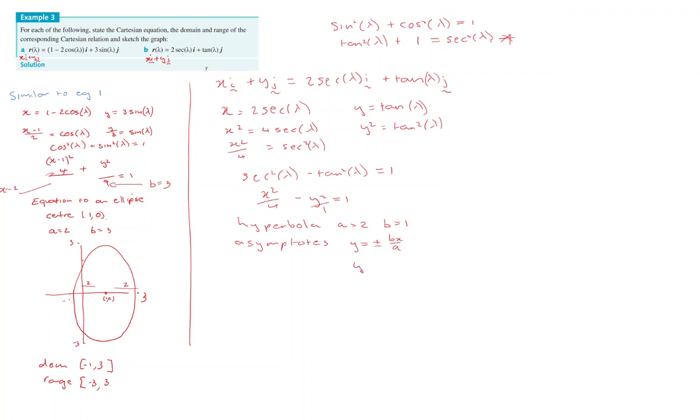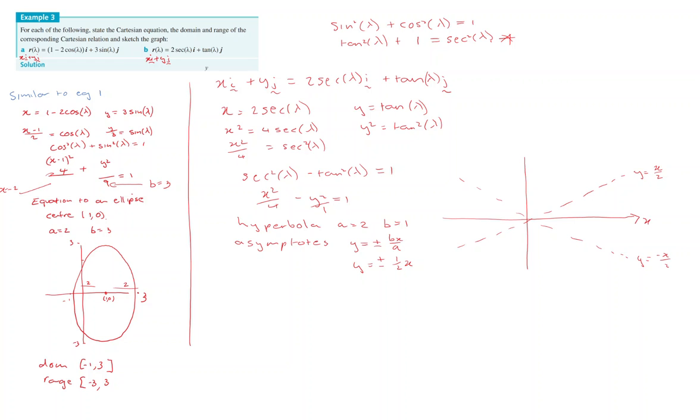So in other words, y is equal to plus or minus, b is 1 and a is 2, so that makes it a half x. So now we can sketch out our hyperbola over here. Mark in your asymptotes. So y equals x on 2, or a half x. y equals minus x on 2.